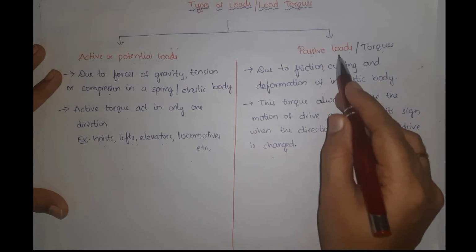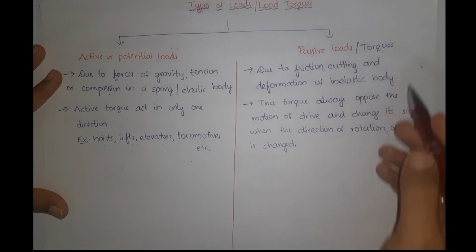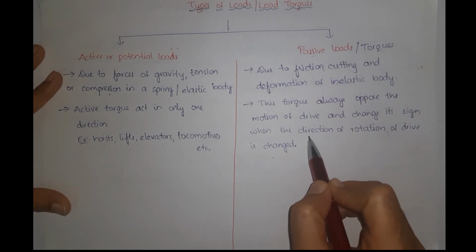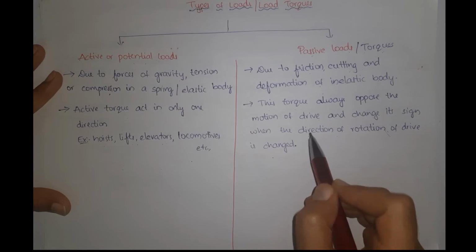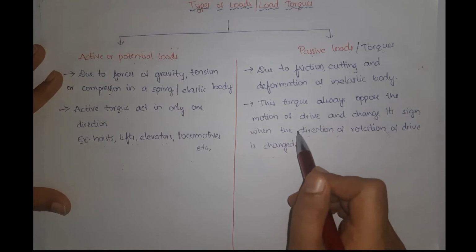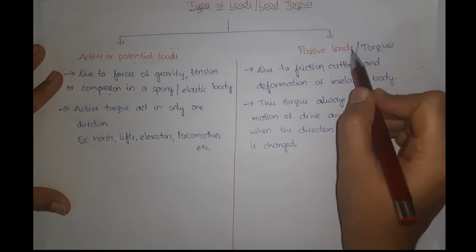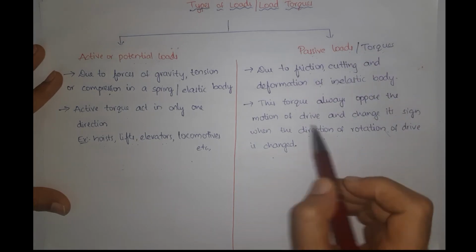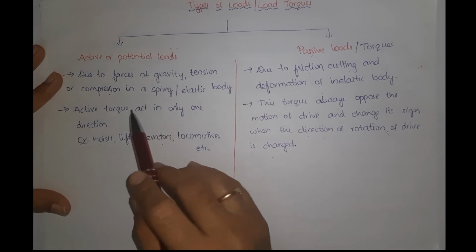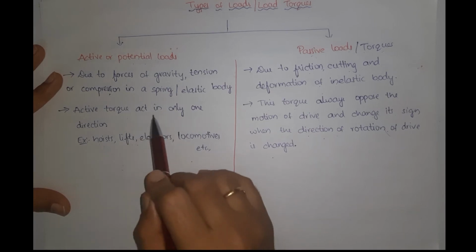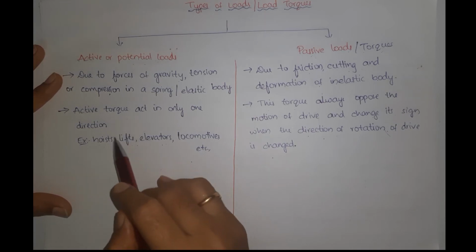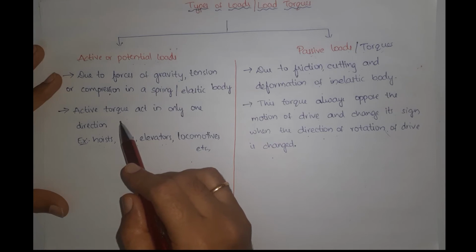So passive load torque will always be opposite to the direction of rotation or movement of the load, right? The main point to be noted here is that passive torque acts in both directions. It takes both positive and negative values, but active torque acts only in one direction irrespective of the direction of the load, right? This is about the active and passive loads.